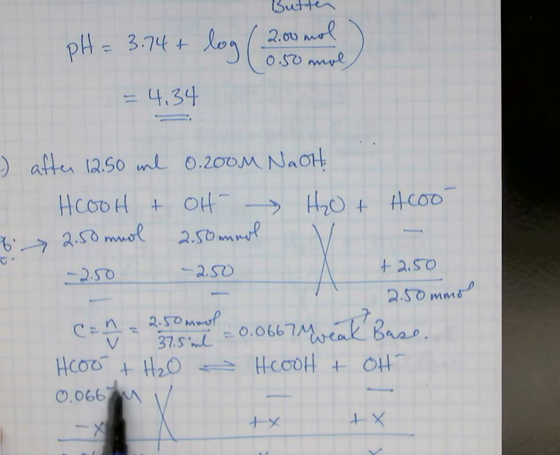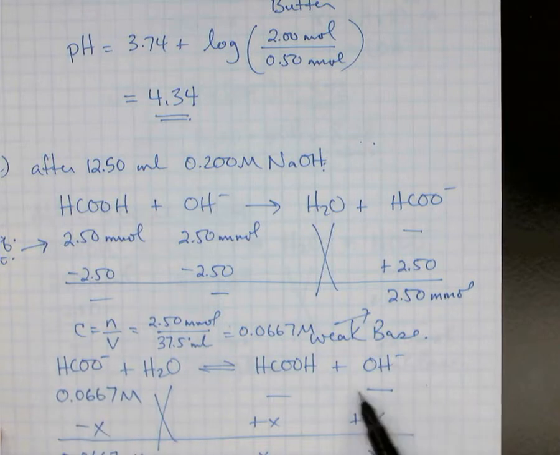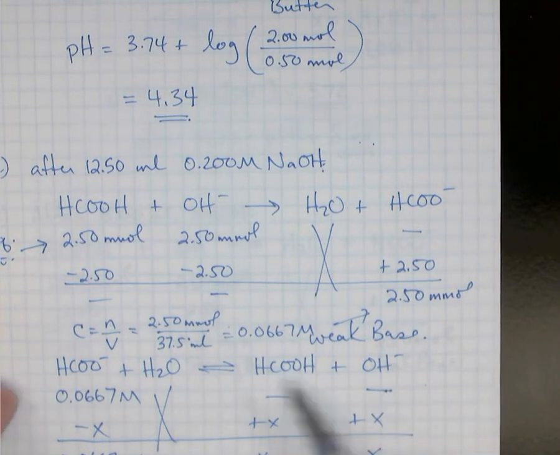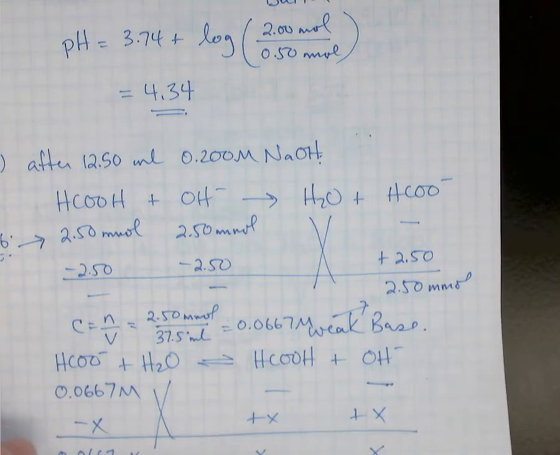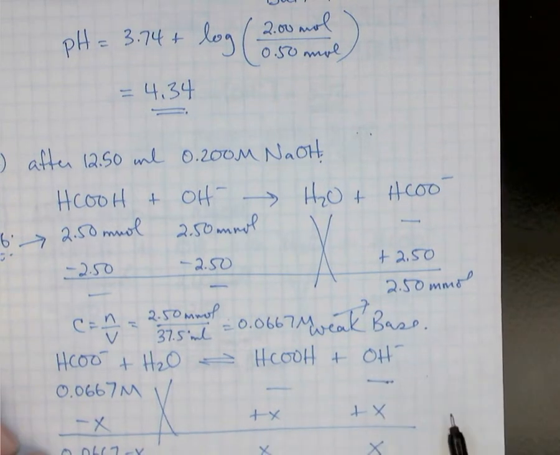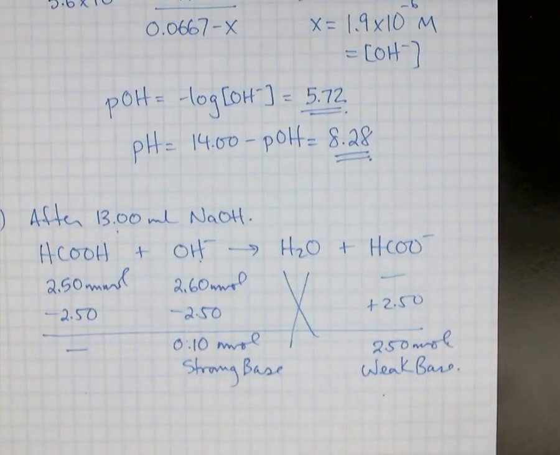You'd find the concentration of that base by dividing by the total volume, and you'd put that here. You'd find the concentration of the excess hydroxide by dividing again by the volume and putting it here. And then you'd do a weak base pH problem, but you'd have some initial hydroxide present. It would not be zero. You'd solve it the same way that we did above.